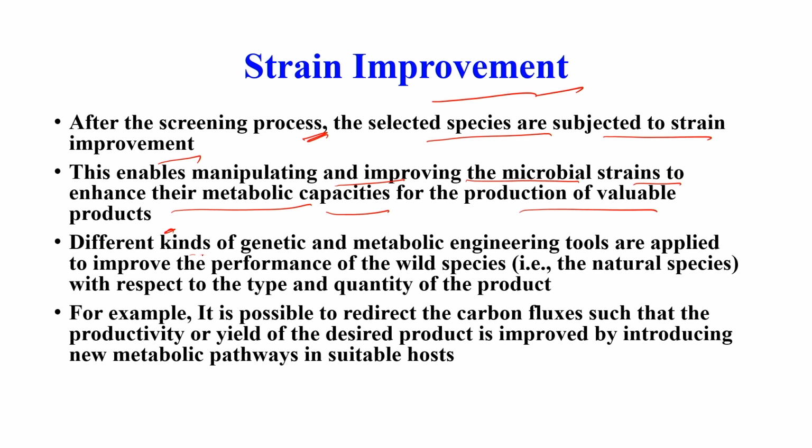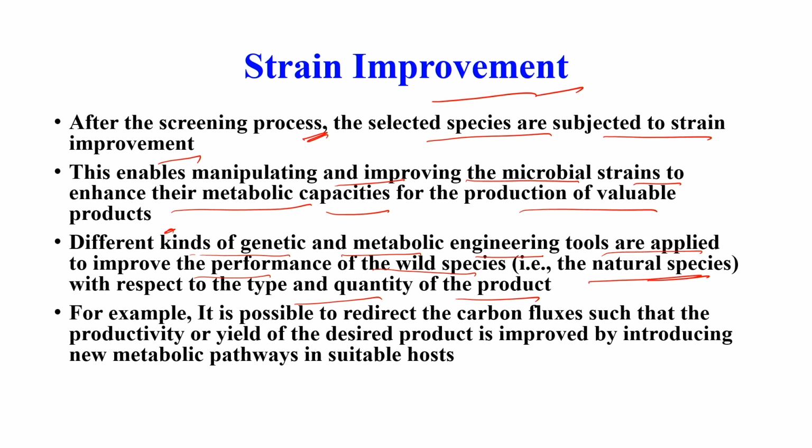Different kinds of genetic and metabolic engineering tools are applied to improve the performance of wild species, which are identified from natural sources, with respect to the type and quantity of product.